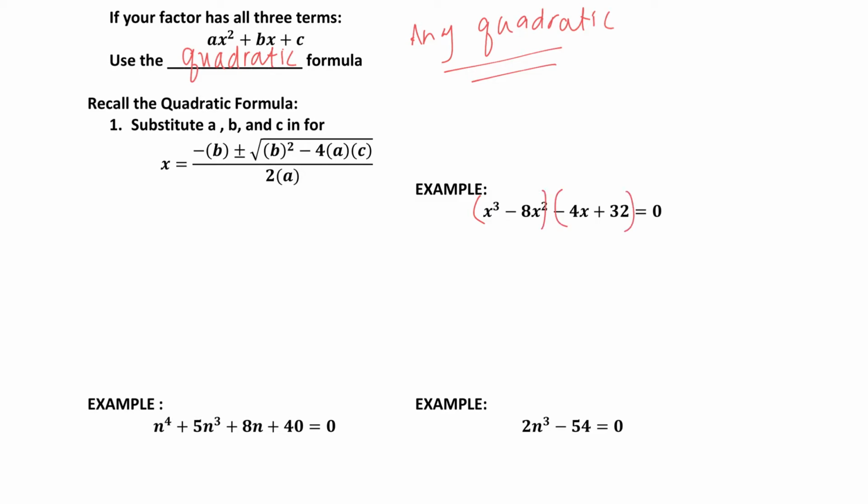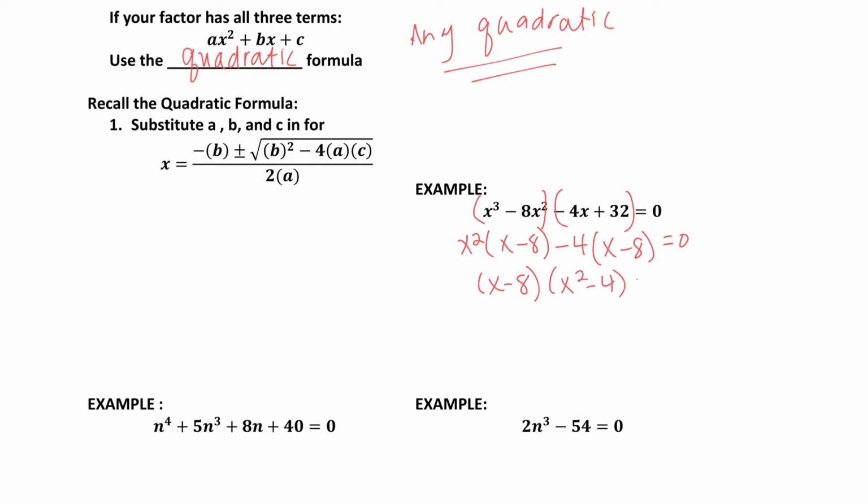And so in this first group, we have x squared times x minus 8. And then in this last one, we have to factor out a negative 4, and we would be left with x minus 8 as well. So our factors are x minus 8, and then x squared minus 4.